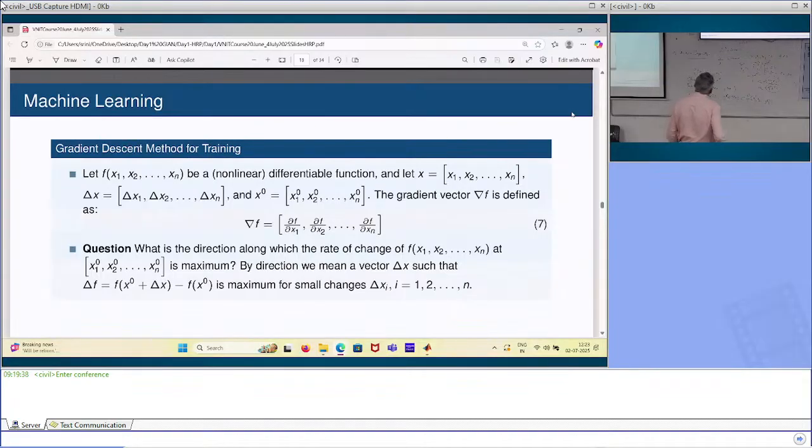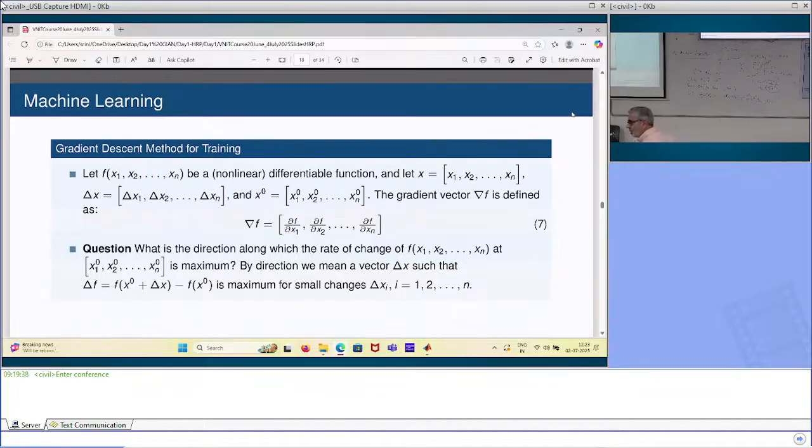Now the question is, what is the direction along which this is maximum? The rate of change. What this second point says is that this will be most useful if I find the direction along which f changes the fastest. Does it make sense? Because I need to make some change, and it is logical to make change in the direction which makes the change fastest.